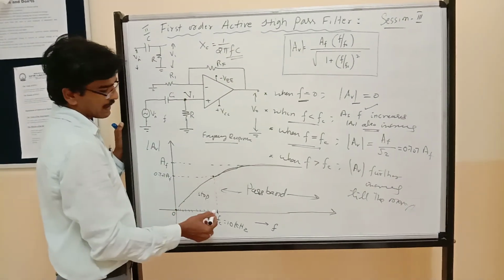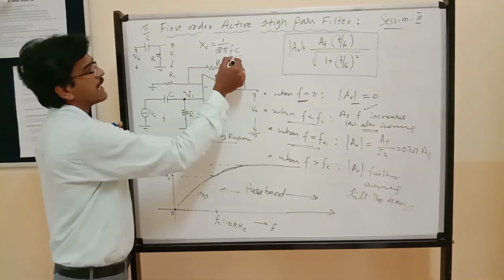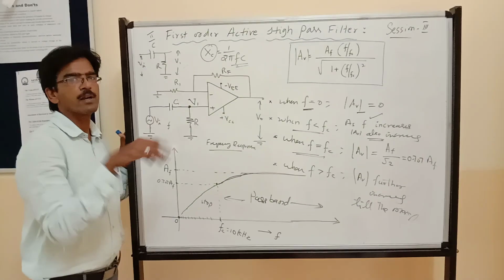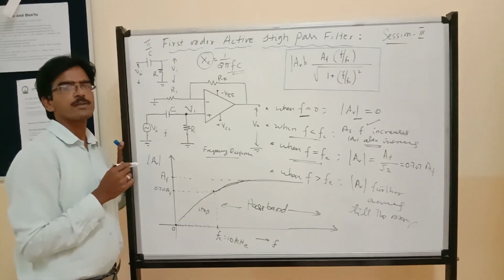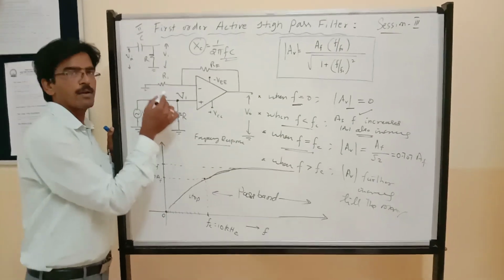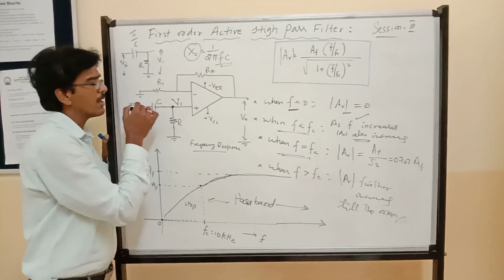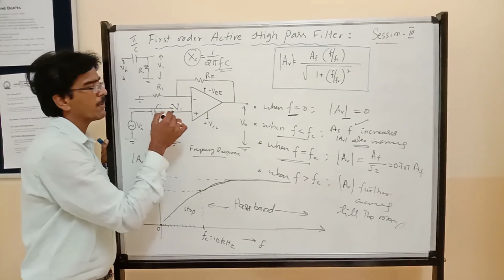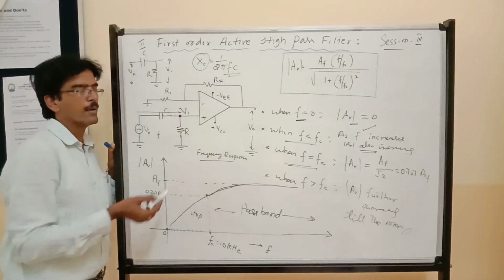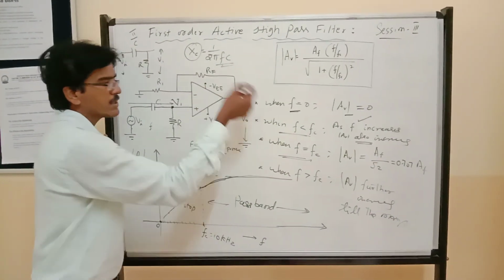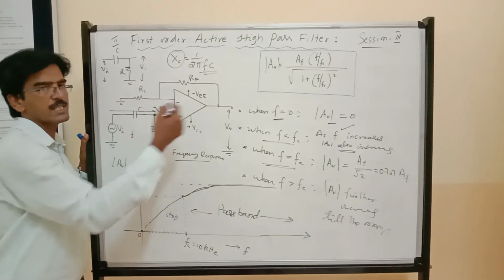At higher frequency, for a high frequency signal, Xc is very small. When Xc is very small, it almost acts as a short circuit. So when the reactance is very small, it almost acts as a short circuit. All the input signal will be passed to the non-inverting terminal of the op-amp, and the op-amp again gives the output. So hence all the high frequency signals will be passed by this filter.